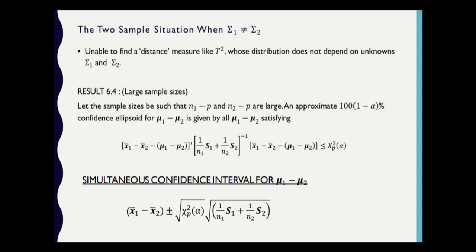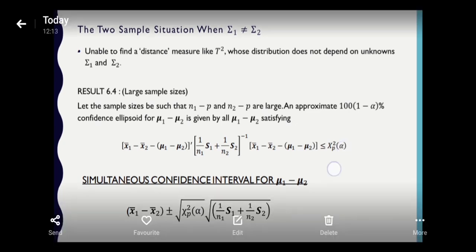Okay, let's say if n1 minus p and n2 minus p are large, so we will use this formula to calculate the confidence interval ataupun to make the decision about the difference between two mean.